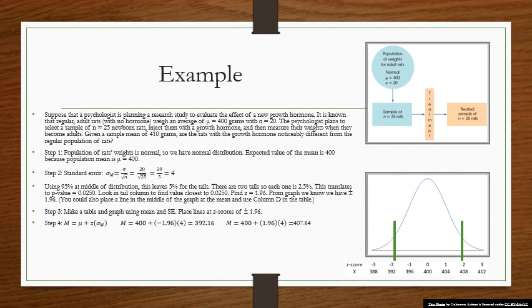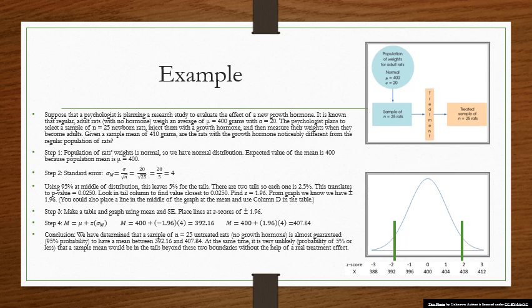So given the equation, M is equal to mu plus z times standard error, fill in what you know. So for the left line, you use negative 1.96, and you get a sample mean of 392.16. For the right line, you get a mean of 407.84. And this fits perfectly within our graph, within our x values.